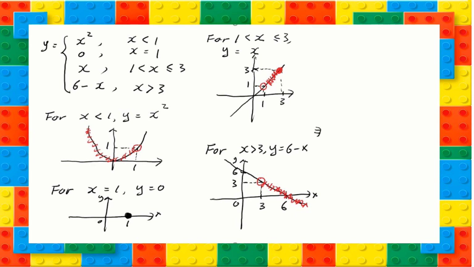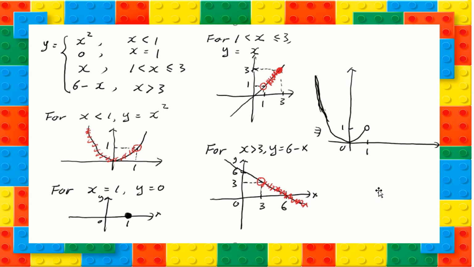Now we can combine all these graphs into one single graph. So first we mark the x-axis and y-axis. Now the first graph is when x is less than 1. This graph we take from y equals x squared. That is the quadratic where x is less than 1.